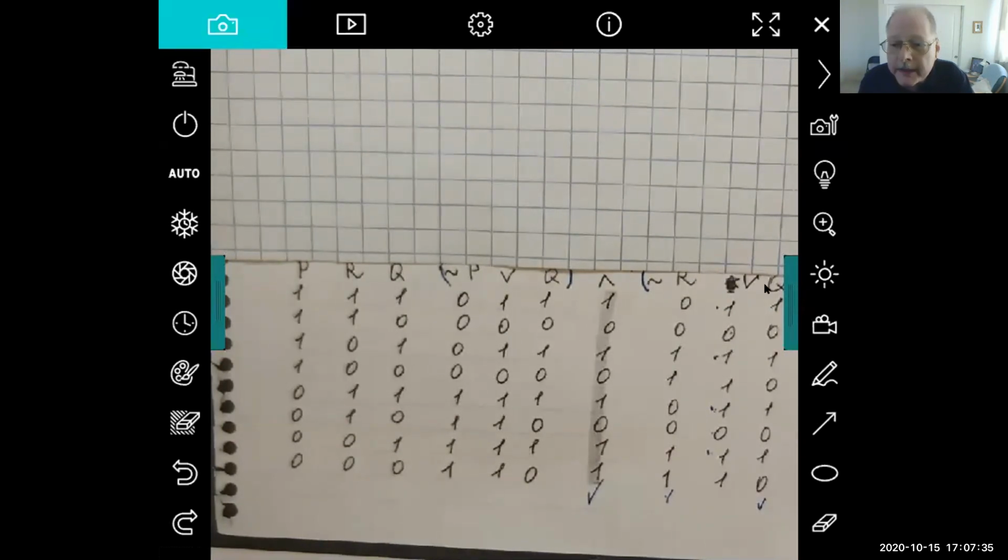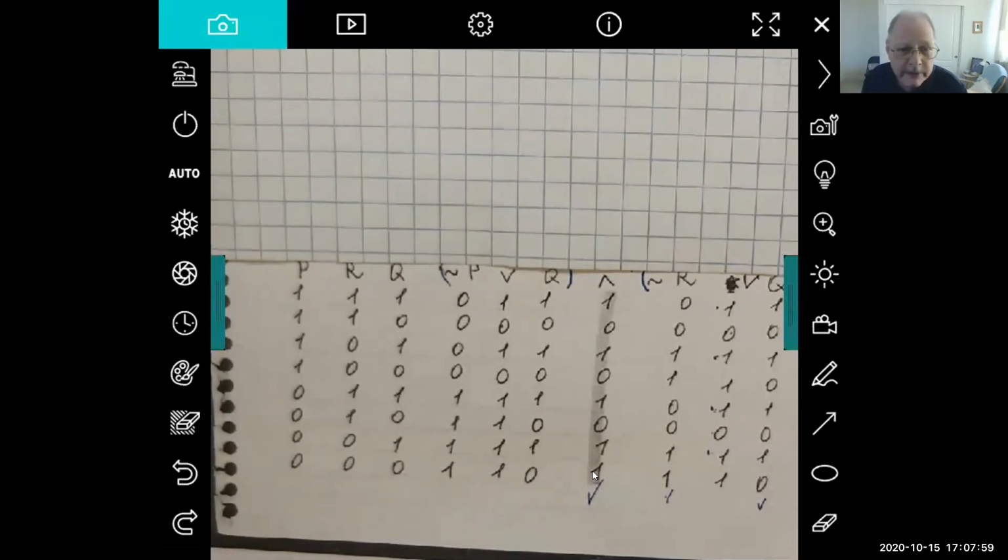So what do you come up with? See, if Q is closed, if Q is 1, this thing's a 1. So far it's just whenever Q is closed, so is the whole thing. But then you get this one more extra 1 down here at the bottom.